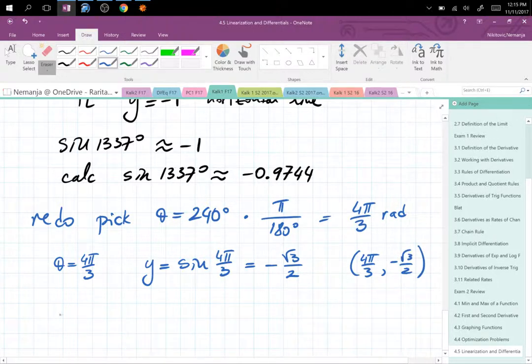We find the derivative, f theta prime, which is cosine theta. And to find m now, we'll use the cosine of 4 pi over 3. Now that's a half.